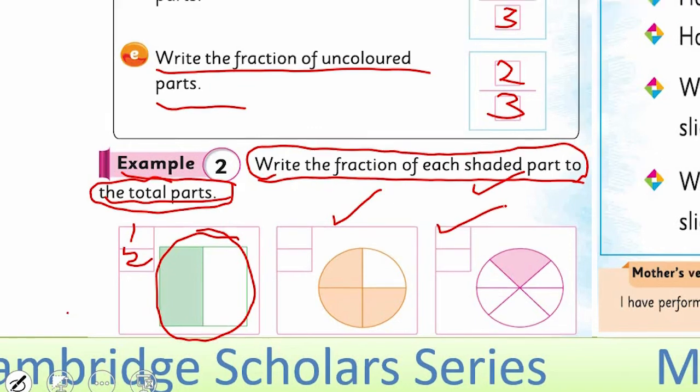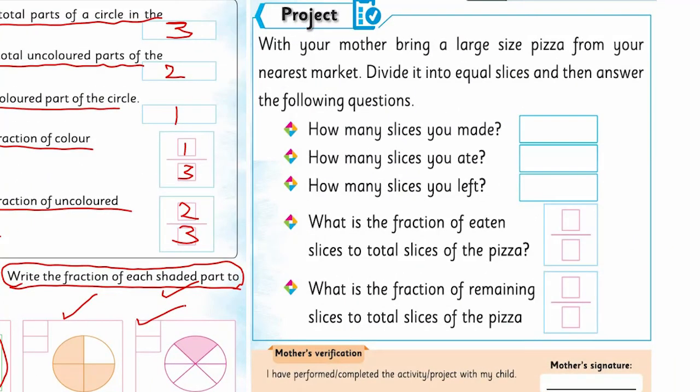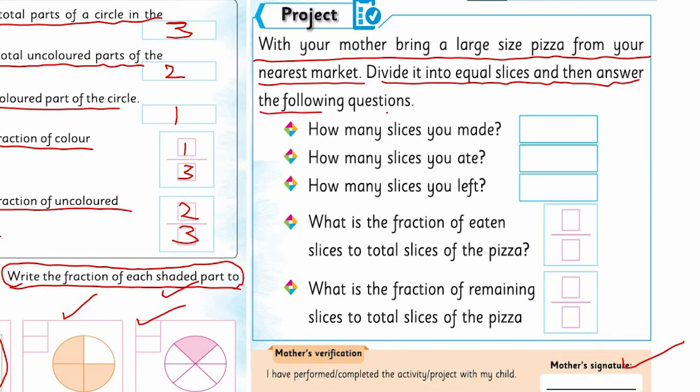This is a project at next page. So complete it with your mother at your home and then get the sign from your mother over here. With your mother, bring a large size pizza from your nearest market, divide it into equal slices and then answer the following questions. You have to complete this project at your home with your mother. How many slices you made? Right here.